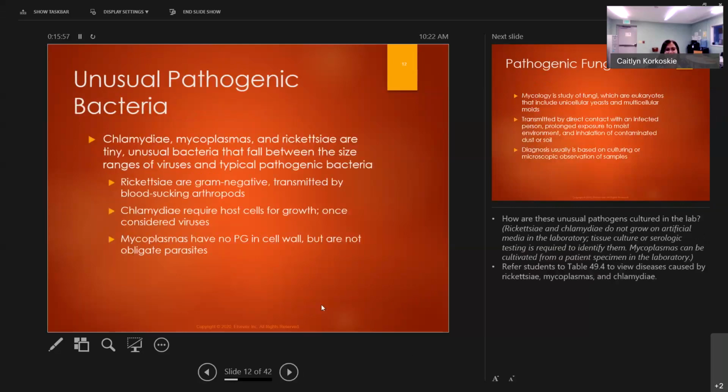Okay, so some unusual pathogenic bacteria that you might find would be chlamydia, mycoplasmas, and rickettsia, which are tiny, unusual bacteria that fall between the size ranges of a virus and typical pathogenic bacteria.